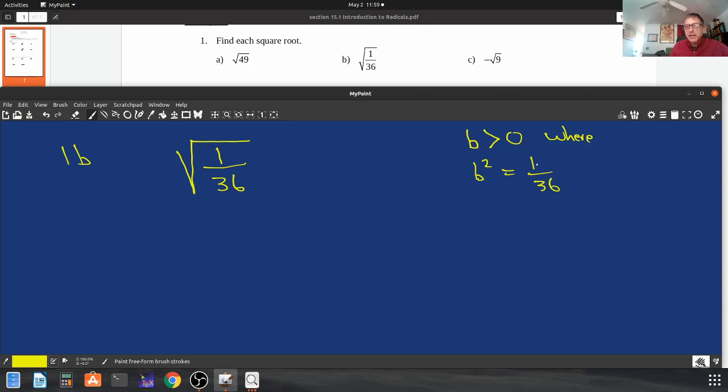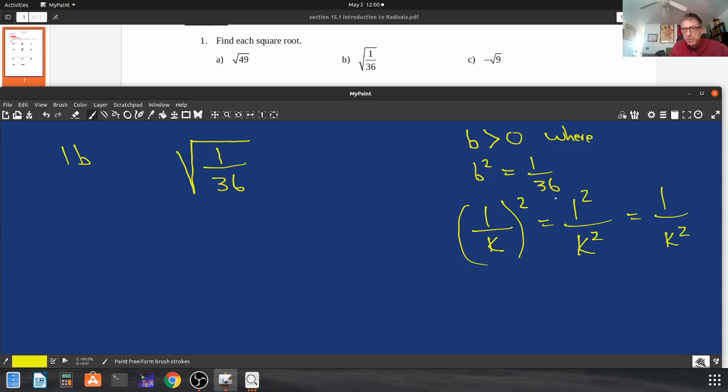The trick here is to note that b is going to be 1 over some number k, and 1 over k, squared, is equal to 1 squared over k squared, which is equal to 1 over k squared.